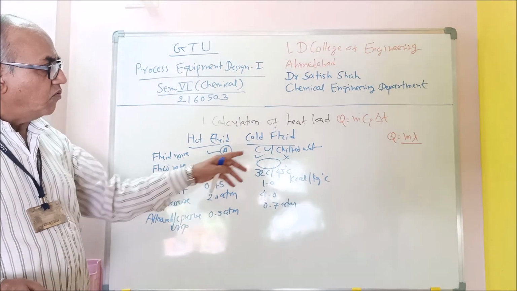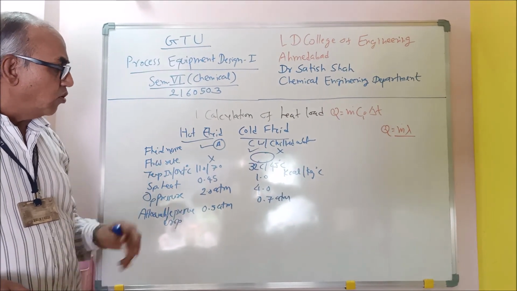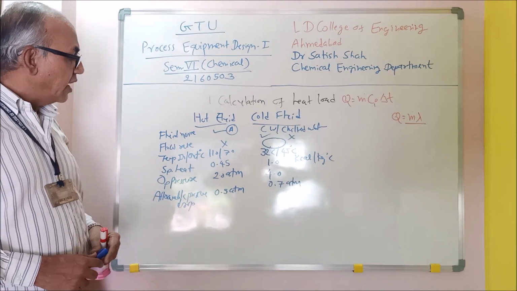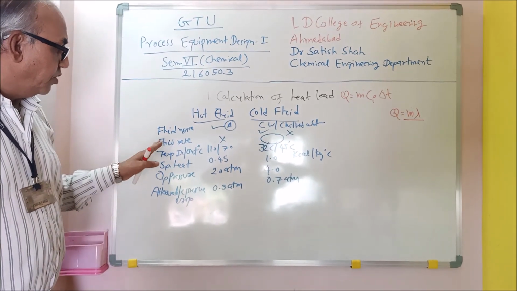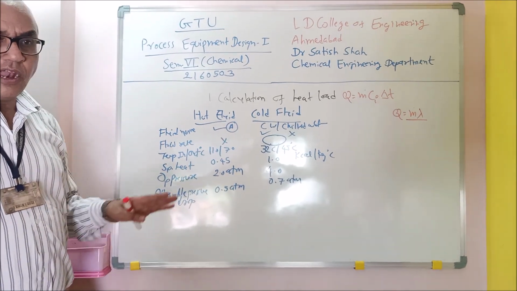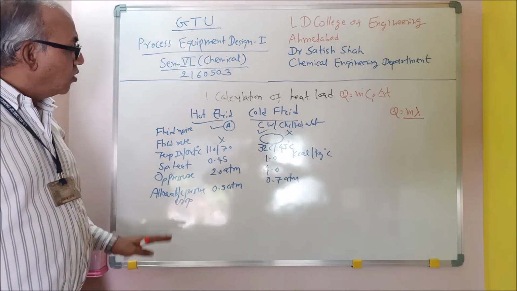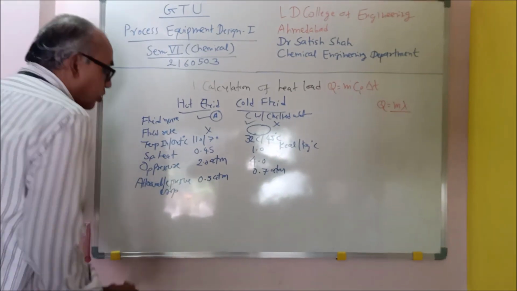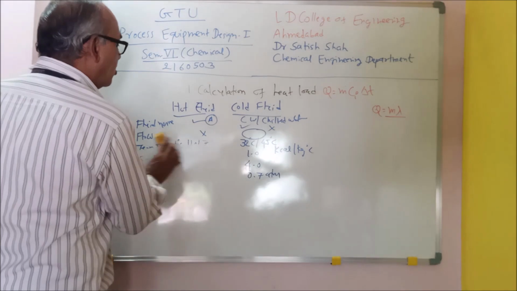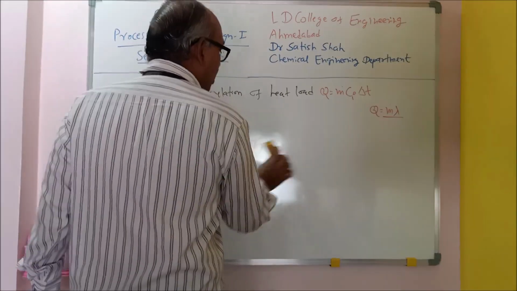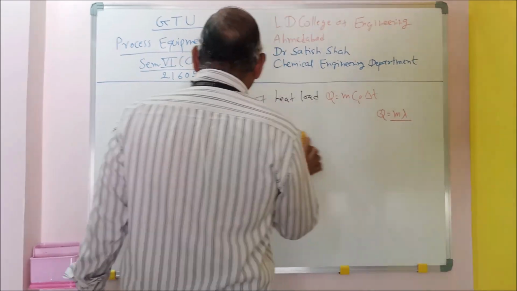But in our case, we have the simple heat load, so I can use the formula Q is equal to mCp delta T, where m is the mass flow rate that is given to us, Cp is specific heat, and delta T is temperature difference. So in my first step, I will calculate the heat load like this: Q is equal to mCp delta T, or Q is equal to m into lambda. So this is my first step when I want to start my design.